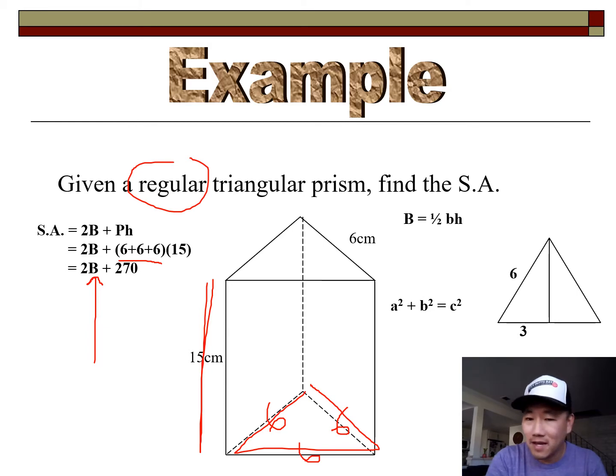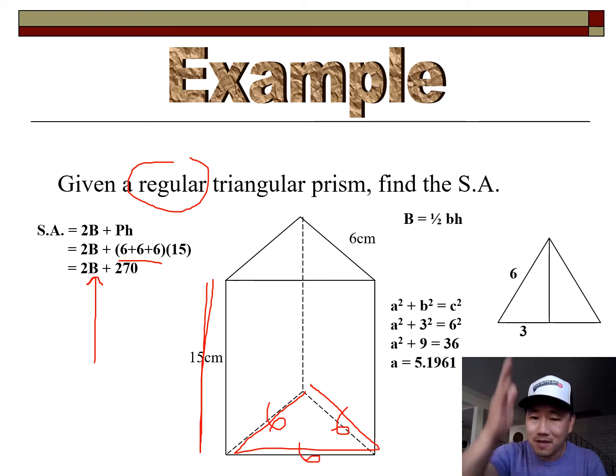Using a little bit of Pythagorean theorem, you should get the height, the A in this case, to be 5.1961. That goes in here.